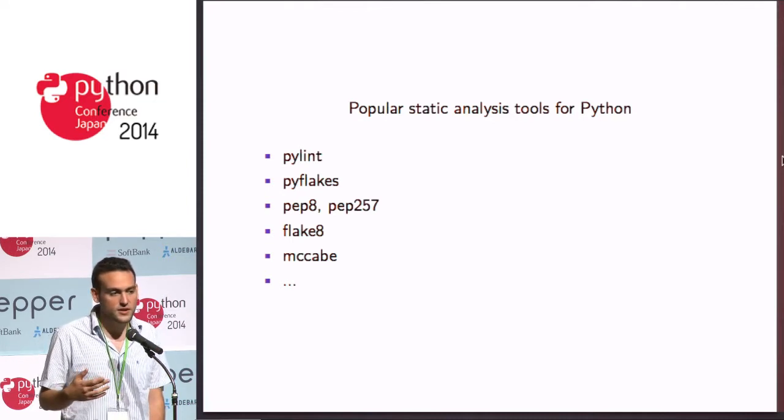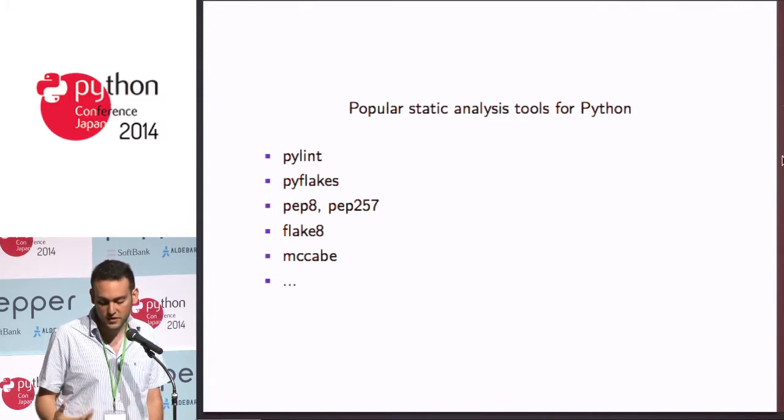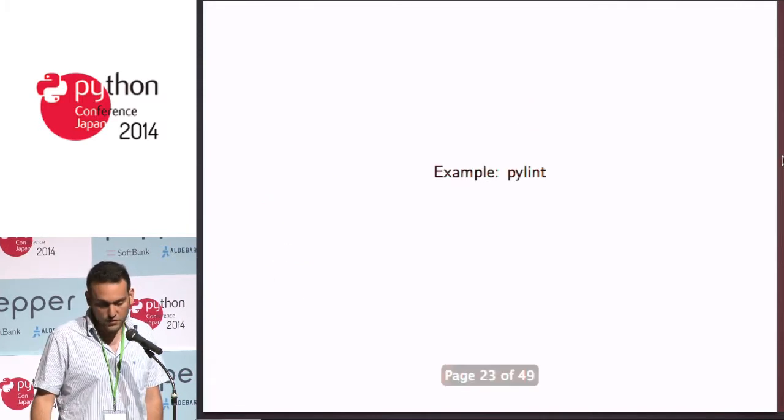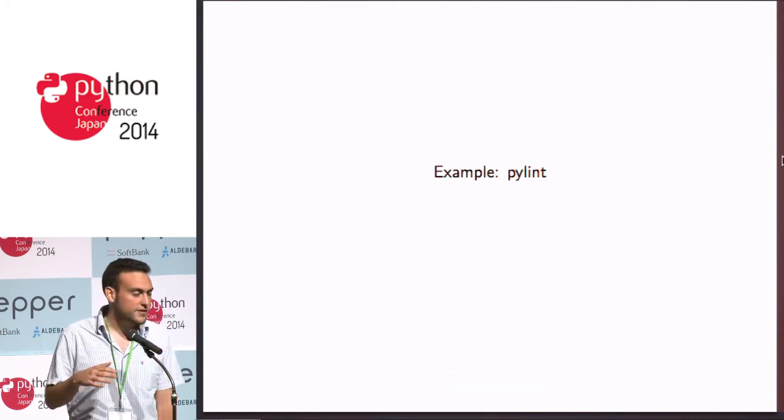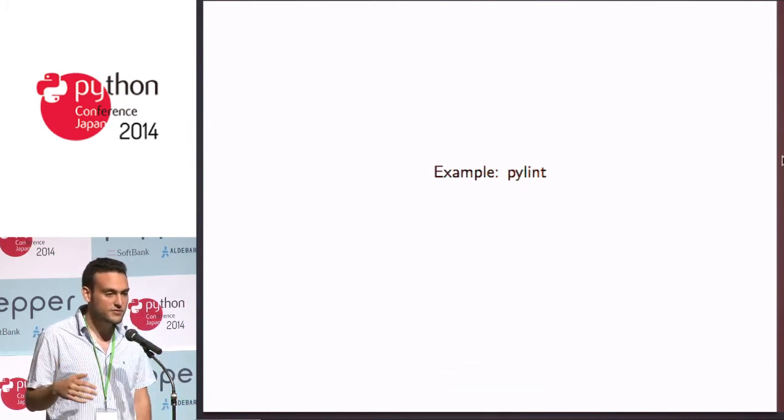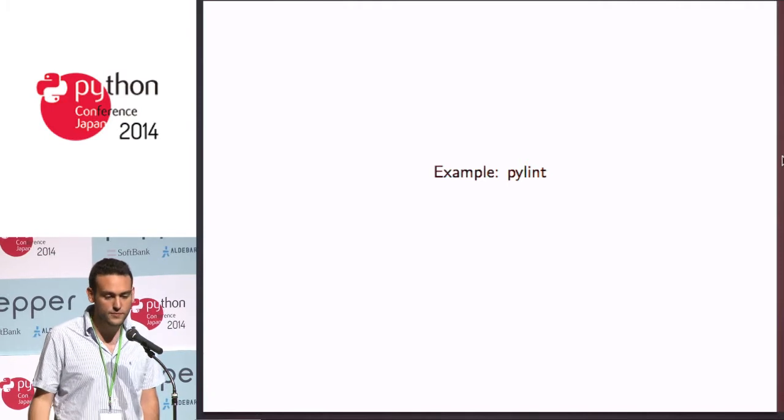McCabe is more of a code complexity analyzer tool, so it can help you find spots that you maybe should be refactoring.